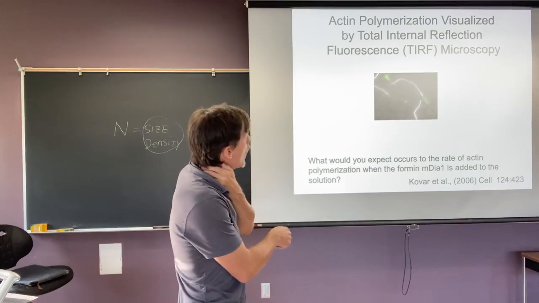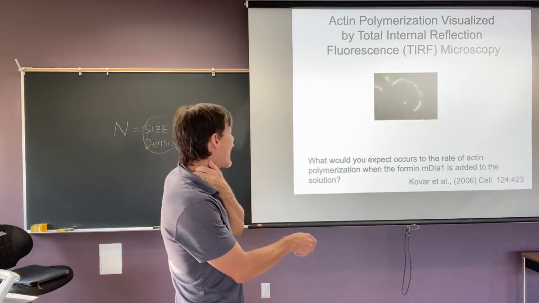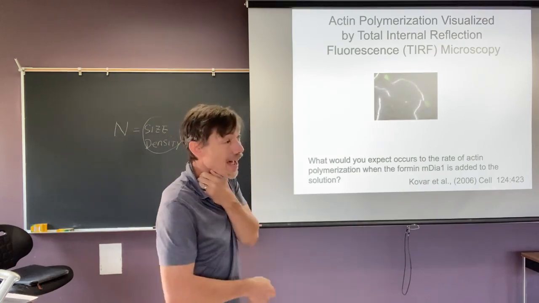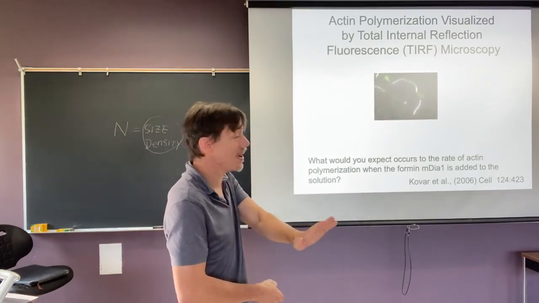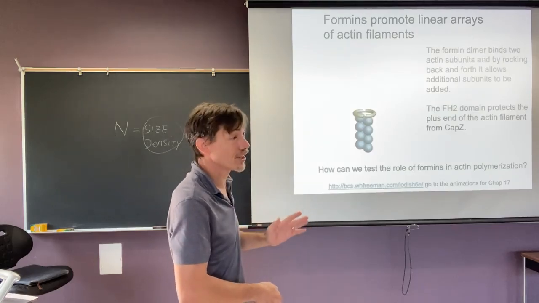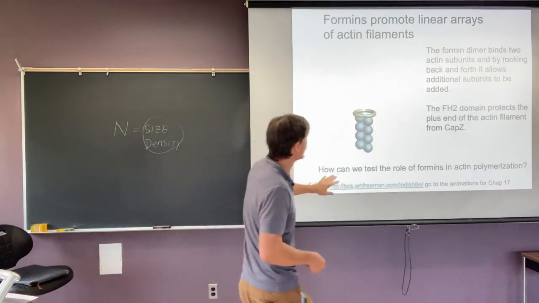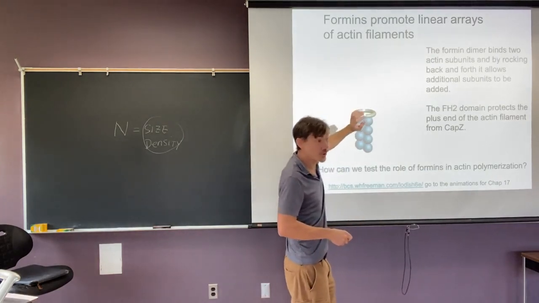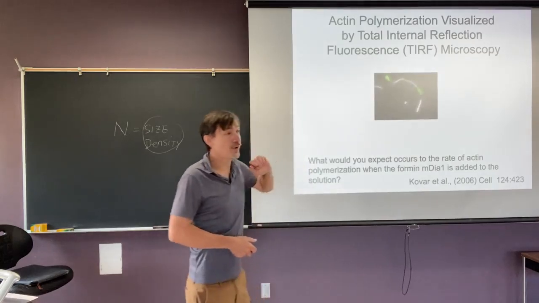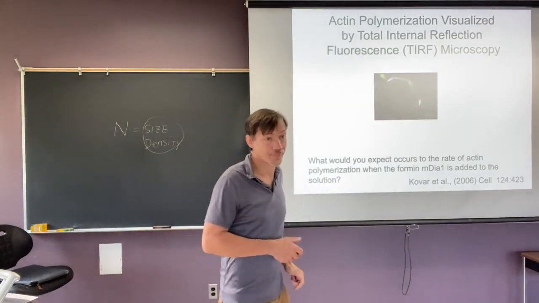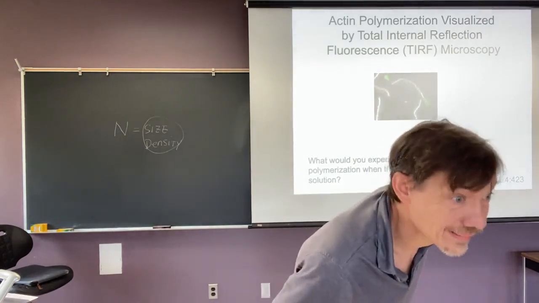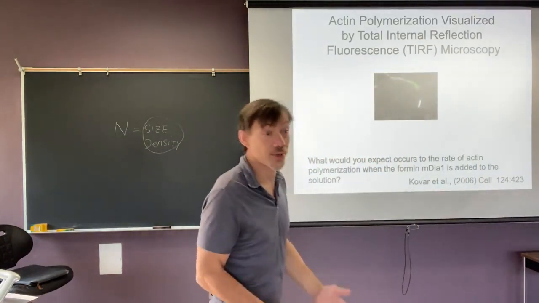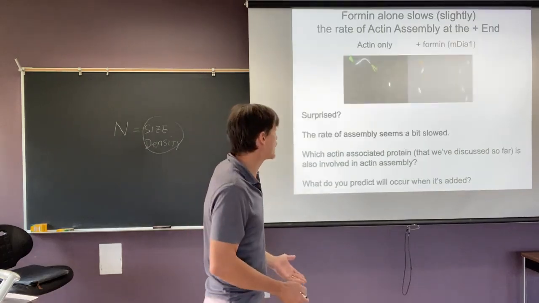What would you expect to occur to the rate of actin polymerization when formin is added to the solution here? Just naively, based on what we've just talked about. If you've got actin filaments, nothing else, and you just add formin to the solution, what do you think is going to happen? Go ahead. It's going to help actin to bind. Definitely, exactly. That's the expectation.